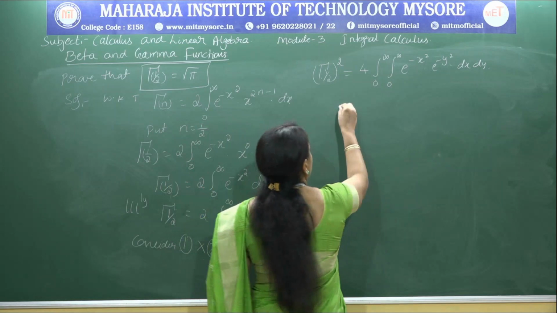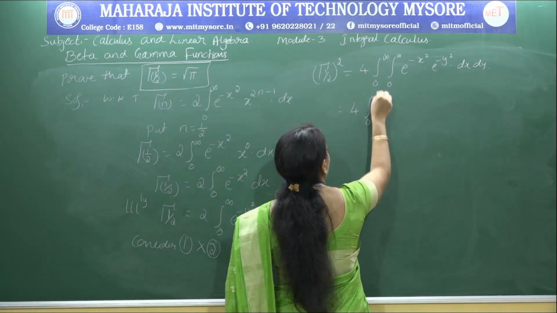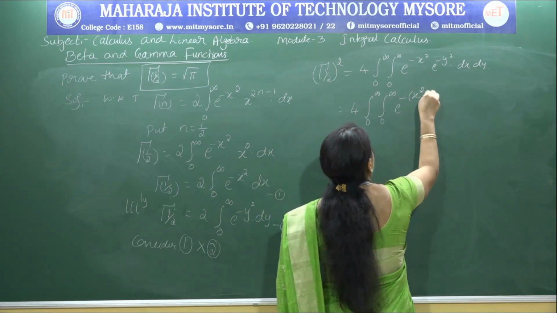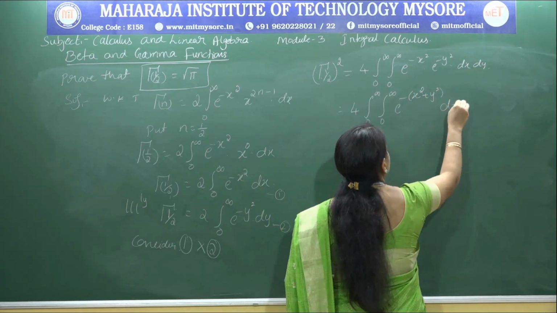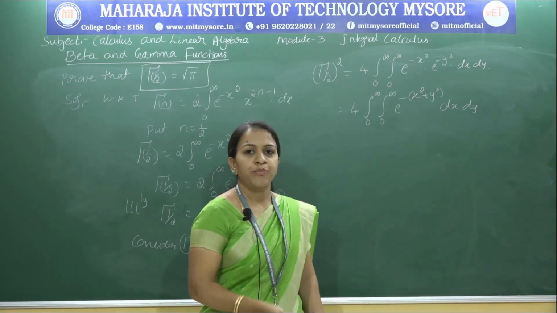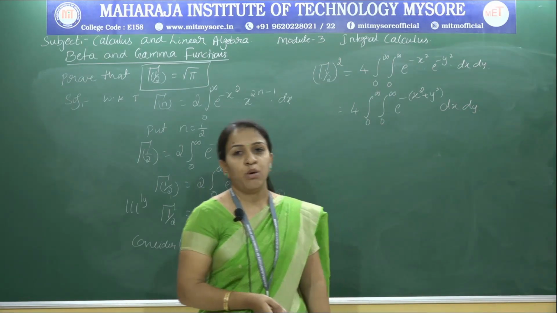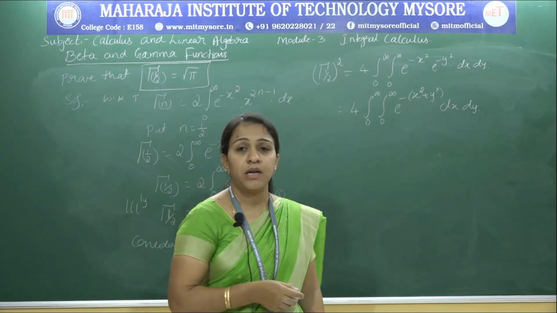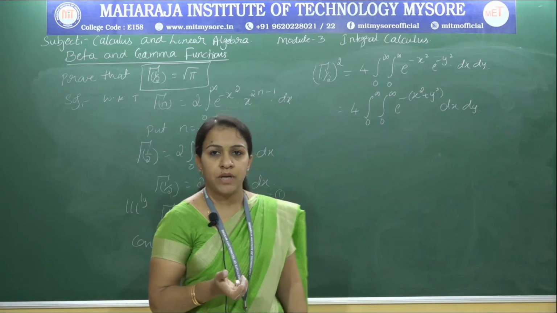Now simplify this, that is 4 times the integral 0 to infinity e power minus of x square plus y square dx dy. I hope you all remember the same problem that we solved by polar coordinate form, by changing the order of the given double integral into a polar form, right?